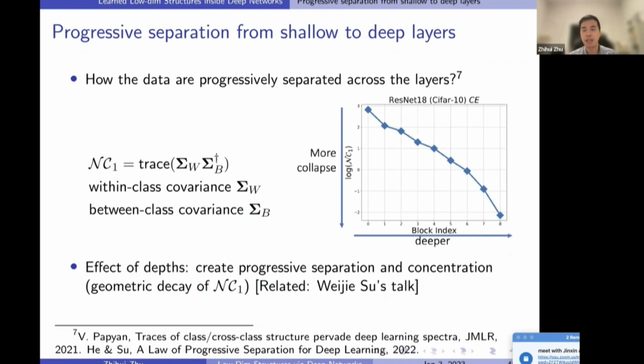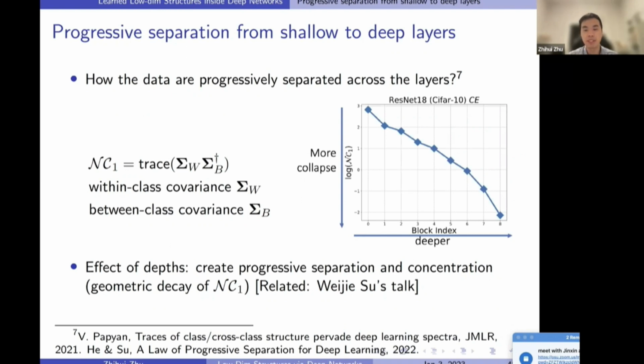Now, a natural question is: if for the input they are not well separated, not concentrated, how are these features separated or collapsed across each layer from the shallow layers to the deep layers?